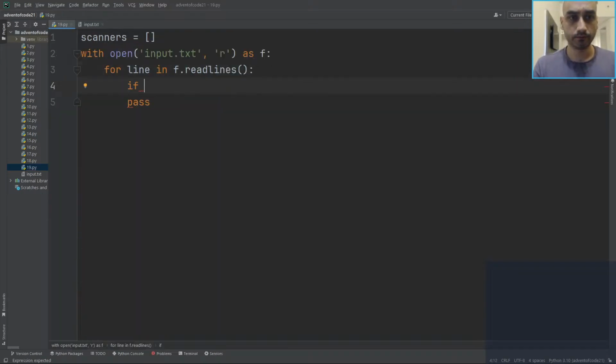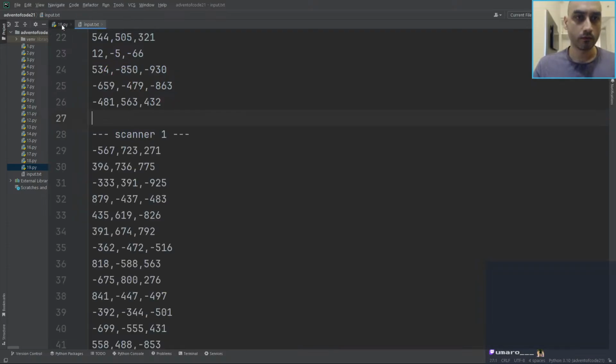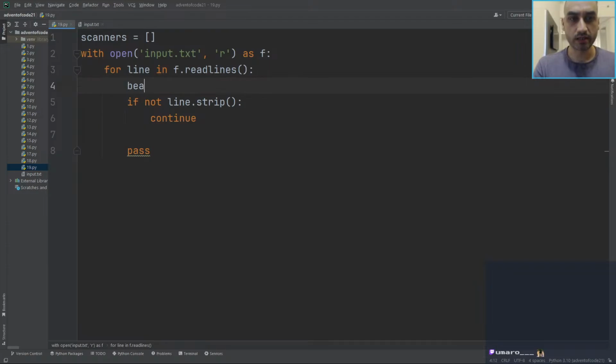If not line.strip, then just skip that line. If line.startswith... Alright, just create a list called beacons.